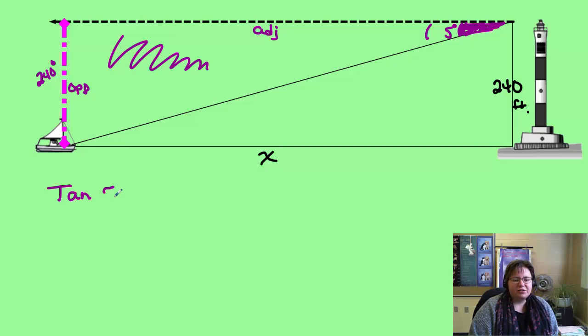So I'm using the tan ratio with 5 degrees is opposite divided by the adjacent, which is my x. Now, if you remember from the last example, we end up multiplying by x and then dividing by the ratio. So you end up with them two things flipping places.